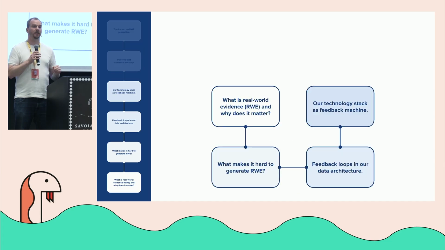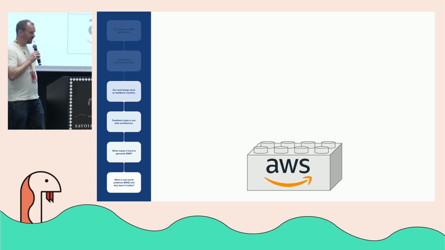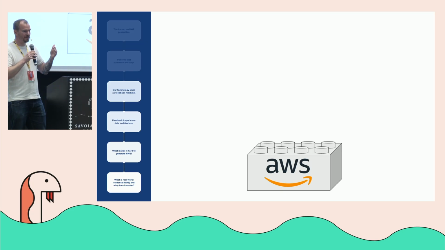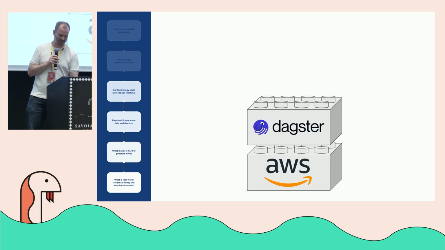Let's now look at our technology stack. This is a foundation to explain how we accelerate our feedback loops. The first thing is we run on AWS largely. As with every company, we have 1,000 examples of how we do things, but largely we run on AWS.